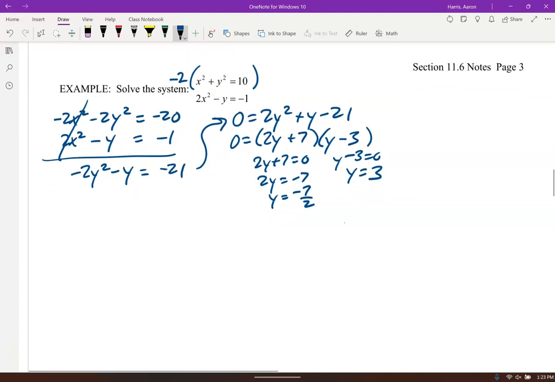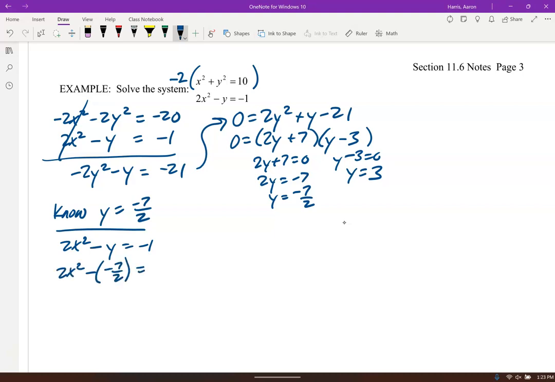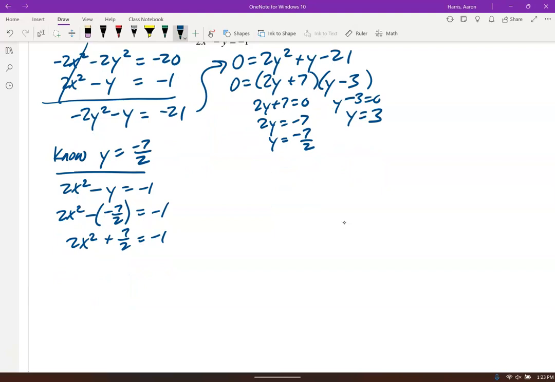Well, let's go with the negative 7/2. So let's go with y being negative 7/2 first. Let's take that bottom equation. Subtract 7/2 on both sides. So 2/2 minus 7/2 is negative 5.